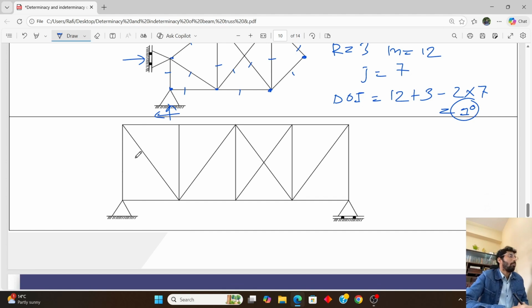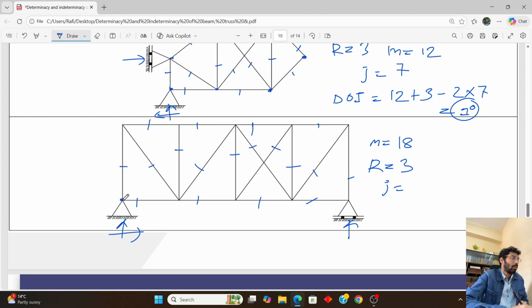Now if we look at this problem, the number of bars will be 1, 2, 3, up to 18. So the number of bars will be 18. The number of unknown reactions will be 3. And the number of joints will be 1, 2, 3, up to 10.